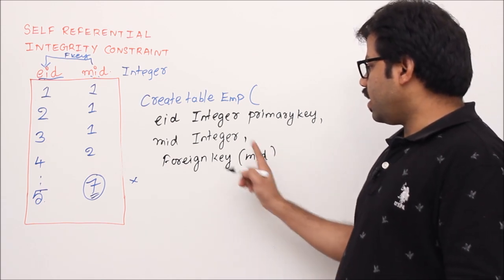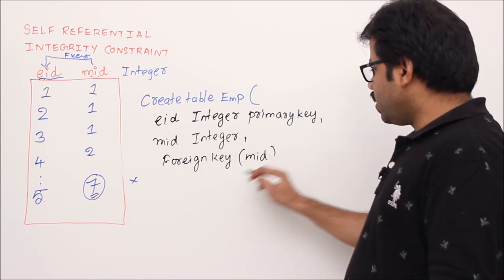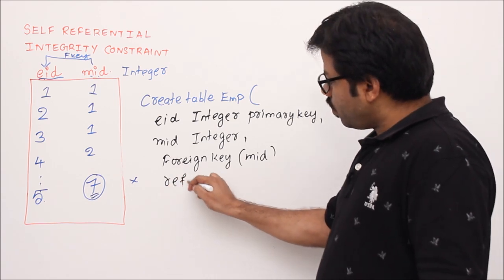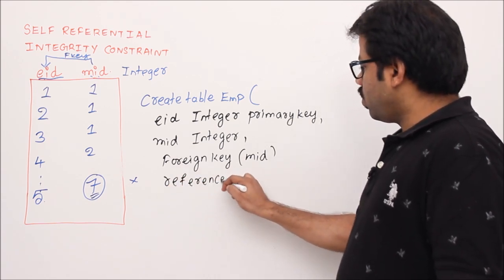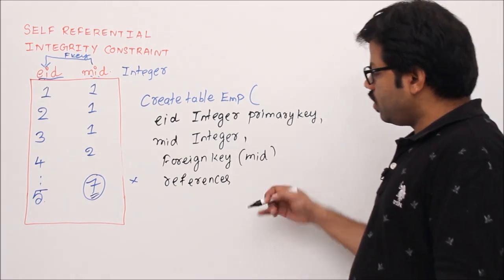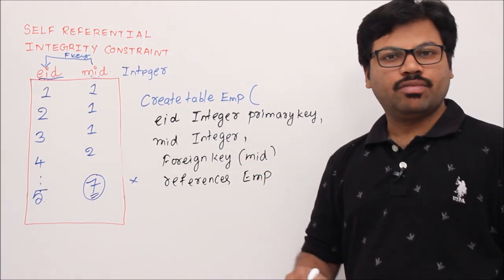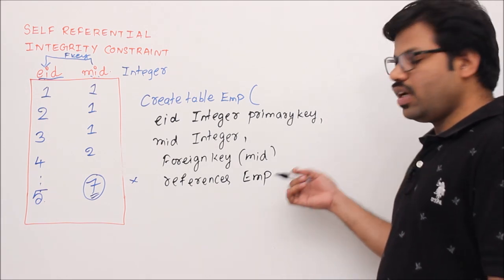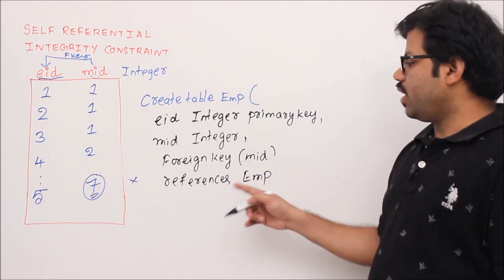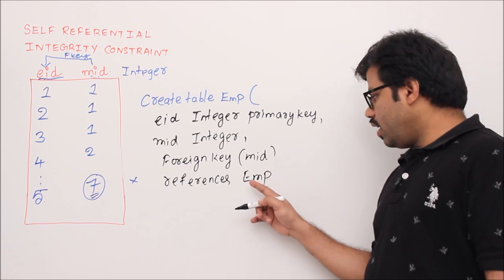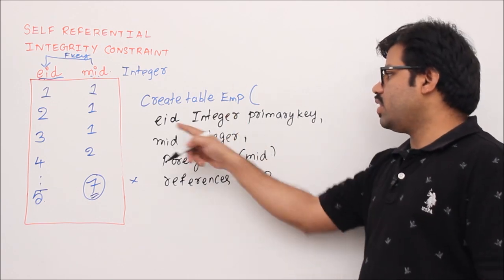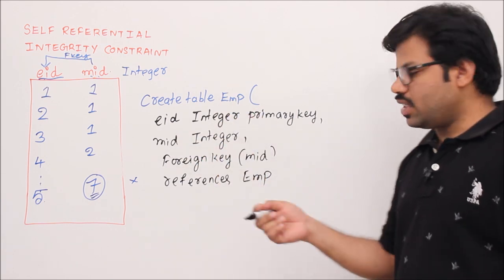That means manager ID is a foreign key that references, which table? The same table. That's why we write references employee table. Then on which field? It's not compulsory to mention, because by default it is the employee table's primary key, which is employee ID, so your DBMS understands.